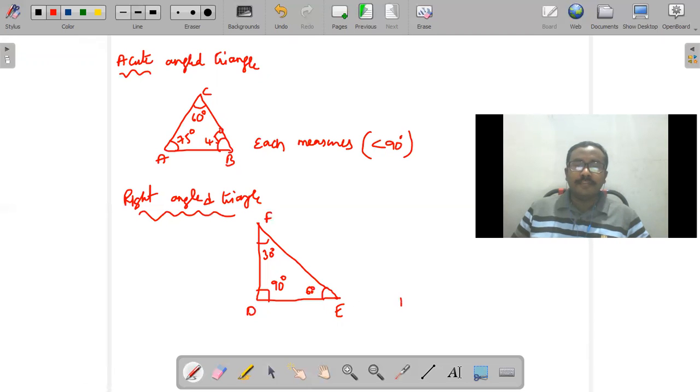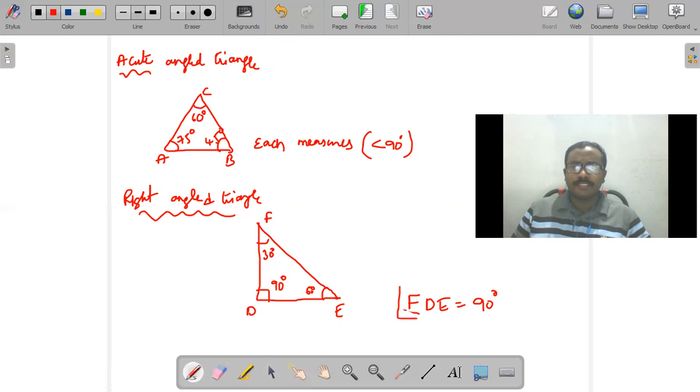Means angle FDE is equal to 90 degrees. So the middle one, D, we can consider as the angle. Or we can write like this; this is a symbol we can use.